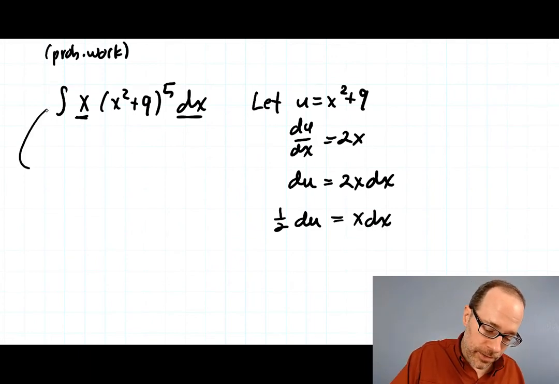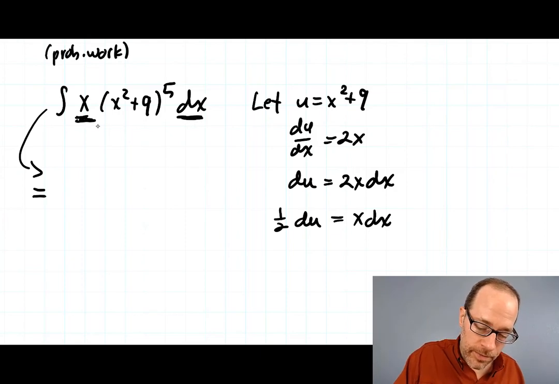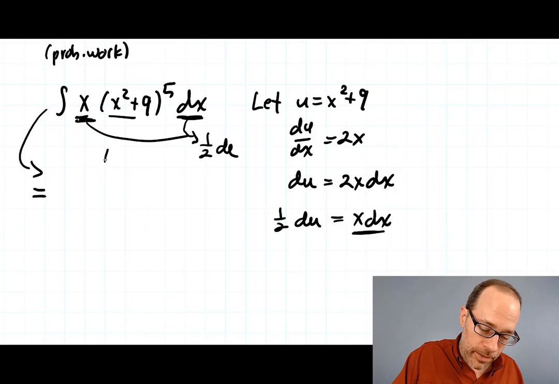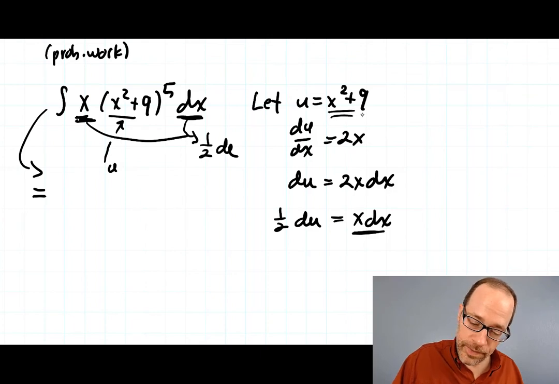All right, so in this integral, the x dx is just 1/2 of a du. This part here is just going to be a u. Okay, x squared plus 9 was what u was.